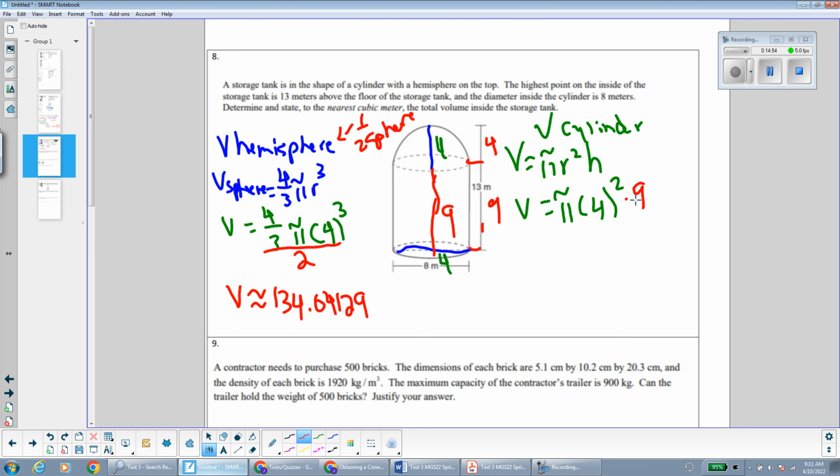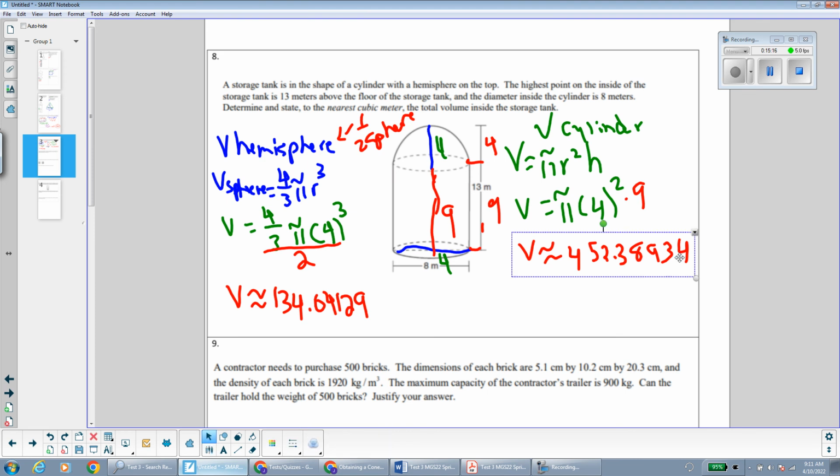Putting that into my calculator, I have pi 4 squared times 9, and the volume is approximately 452 point. Let me keep a couple of decimal places. Remember, don't round until your very last step. Now I'm just going to add the two volumes together.